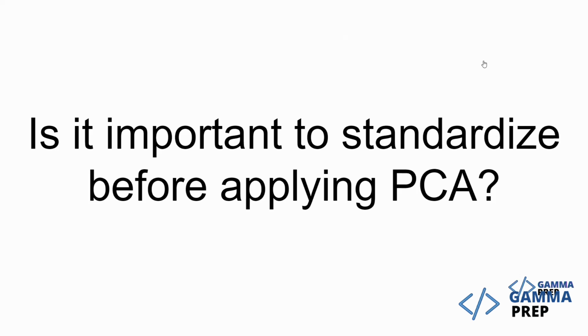Because if covariance of x comma y is some big value, it may be because the x and y feature values are big. It's not that the relationship is stronger. It may not be about the relationship, but because of the x and y values. So covariance is sensitive to standardization. That's why we have to do standardization.